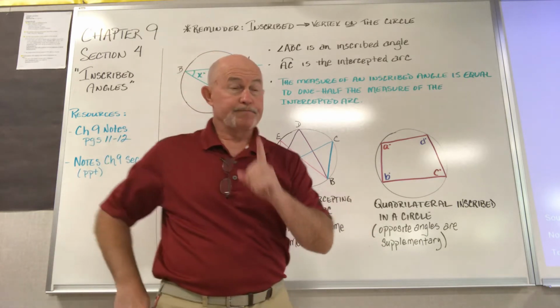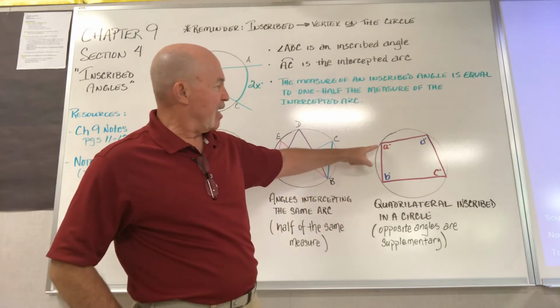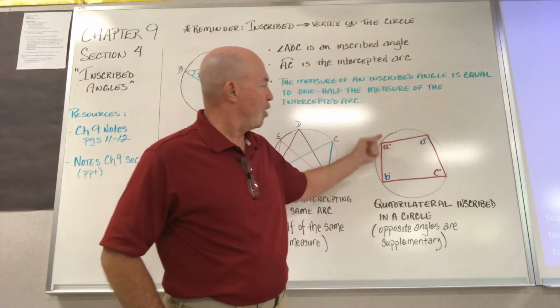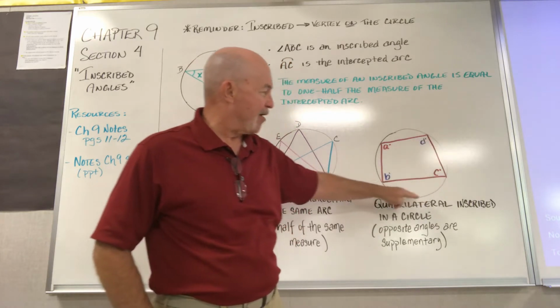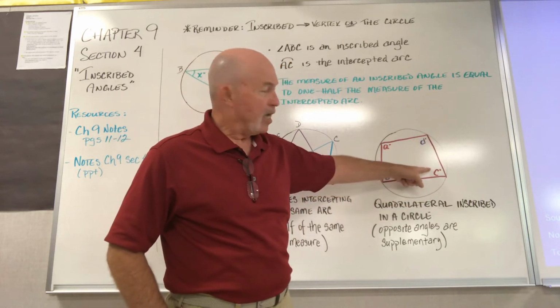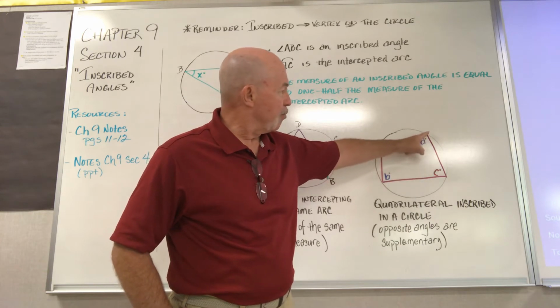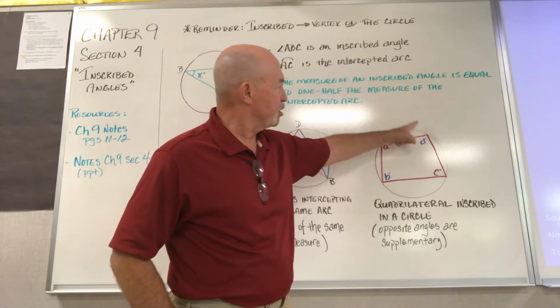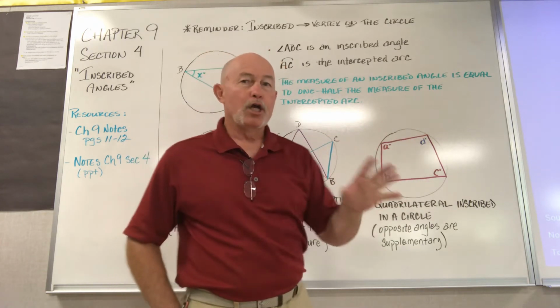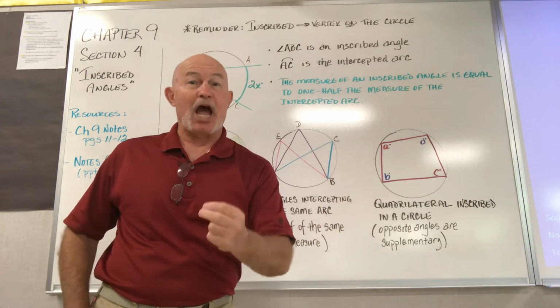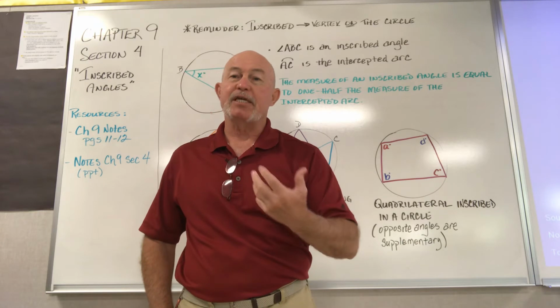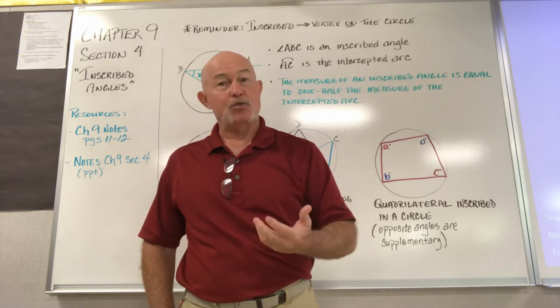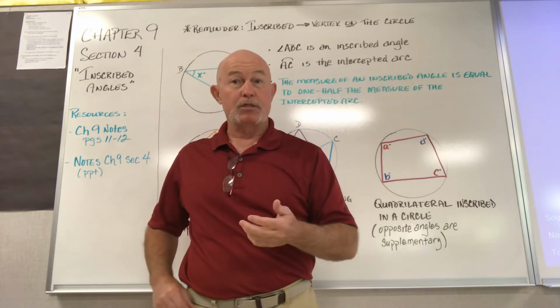Here's why. Angle A comes to this point and this point, so it intercepts that arc. Angle C intercepts that arc. You've just intercepted the entire circle. Half of 360 is 180. That's how it works.